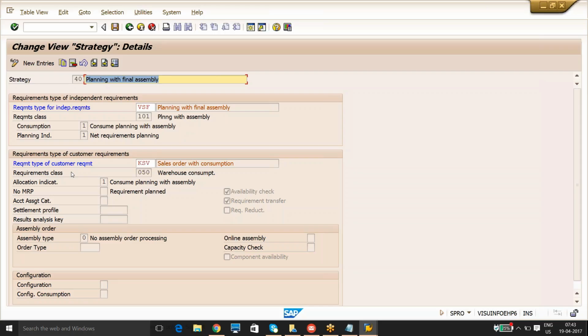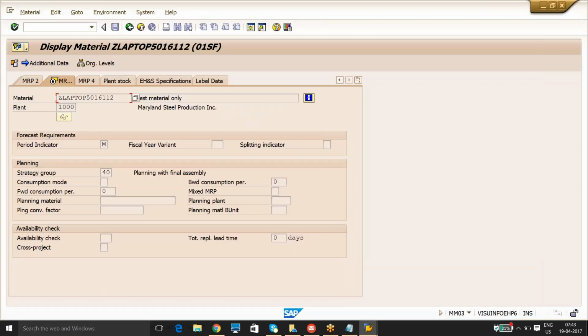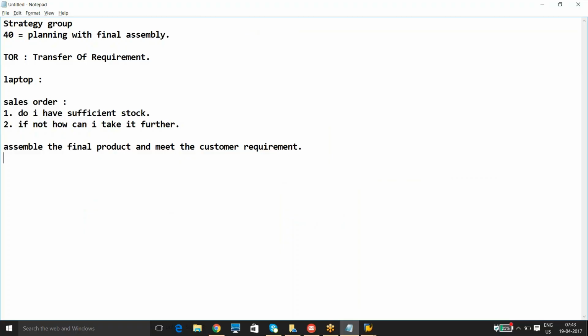So how about the requirement class for the customer requirement? As I said, we have to answer two important questions whenever we get an order, or let us say a request. Do I have sufficient stock, or do I do any sort of other ATP?